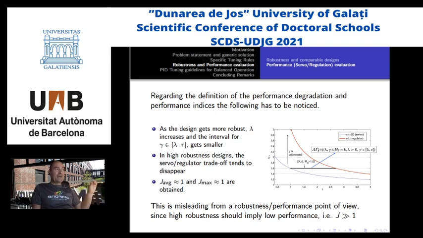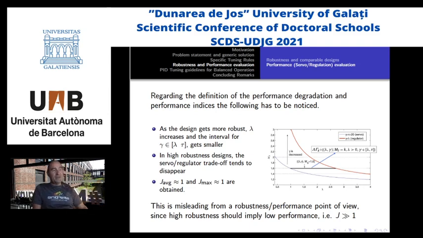So the gap between the tracking and the load disturbance rejection designs gets to disappear. So at that point, it will make practically no need to move from one design to the other, because both designs will be coincident in the limit. Okay, so this is misleading from this interpretation that as you move for high robustness, you should get low performance.